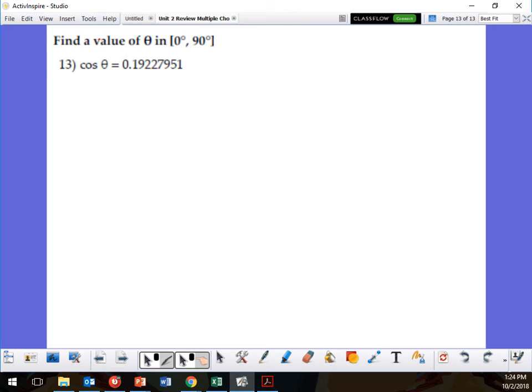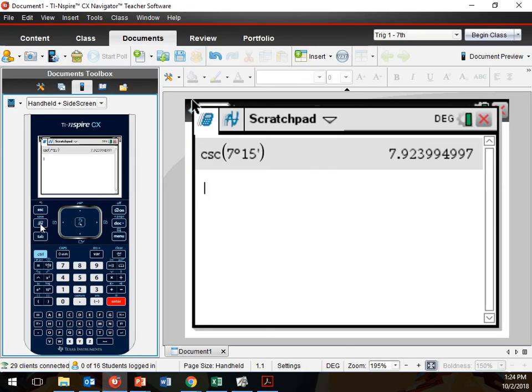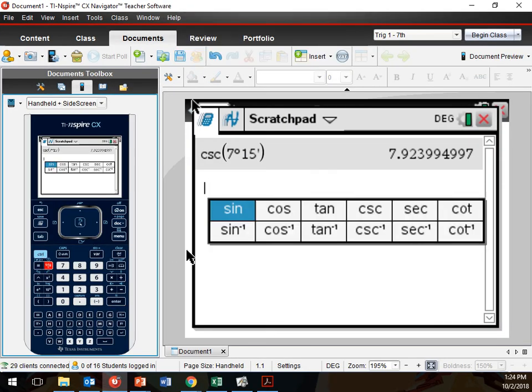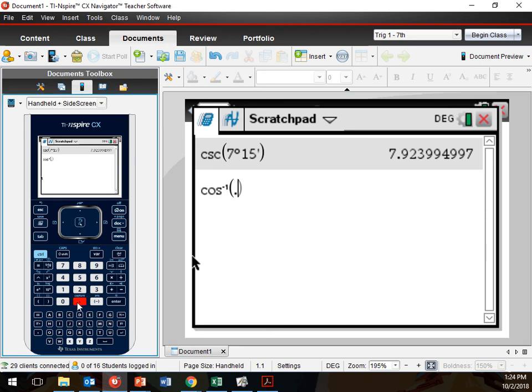So measuring that angle, we're measuring it in degrees. Now, class, if I'm trying to find an angle, I have to use the inverse. So inverse of that number. So it's going to be inverse cosine. Trig, inverse cosine. What's my inverse cosine? It's going to be point what?